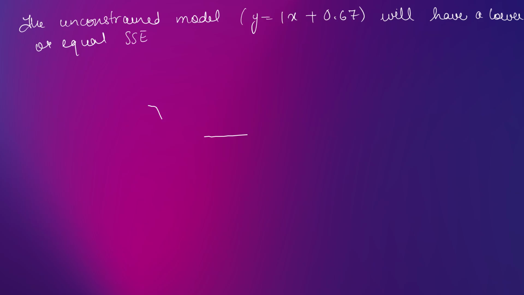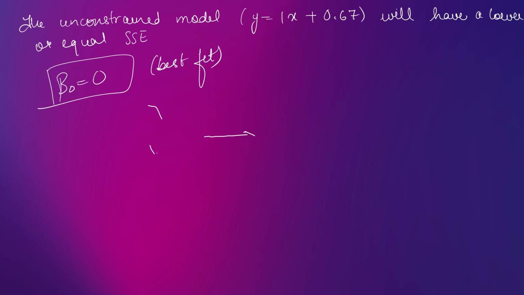Now, the constrained model is a specific case of an unconstrained optimization. That is, the only difference is that beta naught is equal to 0. That is, it is a best fit line. Now, any non-zero value of beta naught is guaranteed to reduce the SSE further.